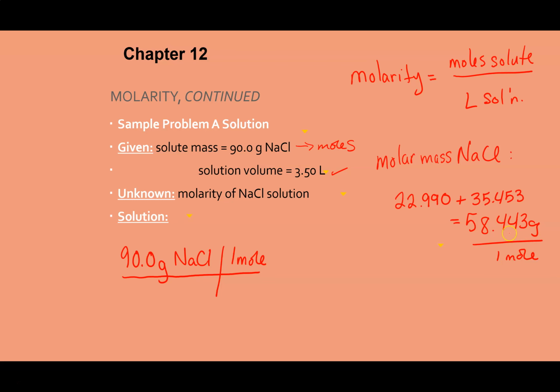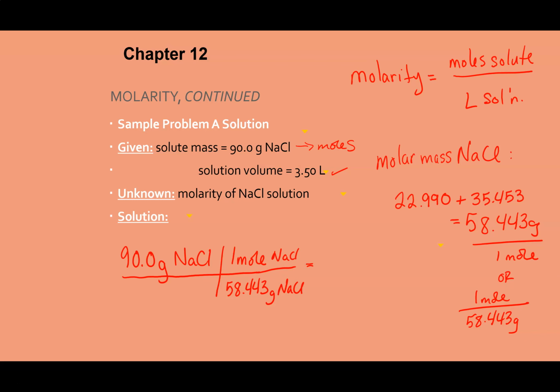So for us, we're actually going to take the flip of this. Remember that these can be written either way. And I'm going to put that over here so I can get my grams of NaCl into moles of NaCl.